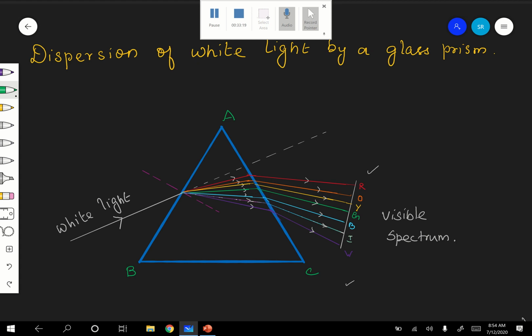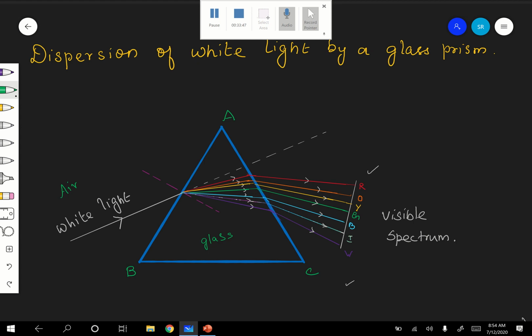White light has all the 7 colors, that is violet, indigo, blue, green, yellow, orange and red. These are its constituent colors, but they won't be shown as they are when it is traveling in the rarer medium. Here it is air, and this is glass. As long as it is moving in air, it appears as white color only.